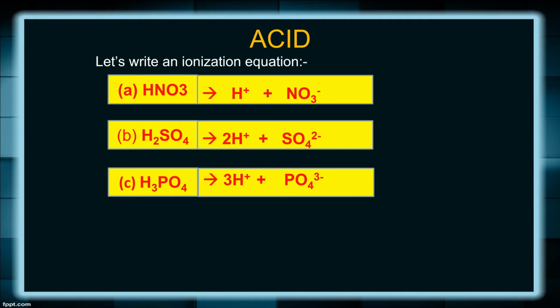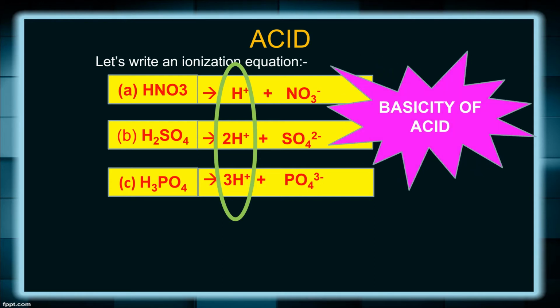Thirdly, 1 mole of phosphoric acid ionizes 3 mole of hydrogen ion and phosphate ions. So here, what we can see is all these acids ionize a different number of moles of hydrogen ion per molecule of acid. This is what we call the basicity of acid.